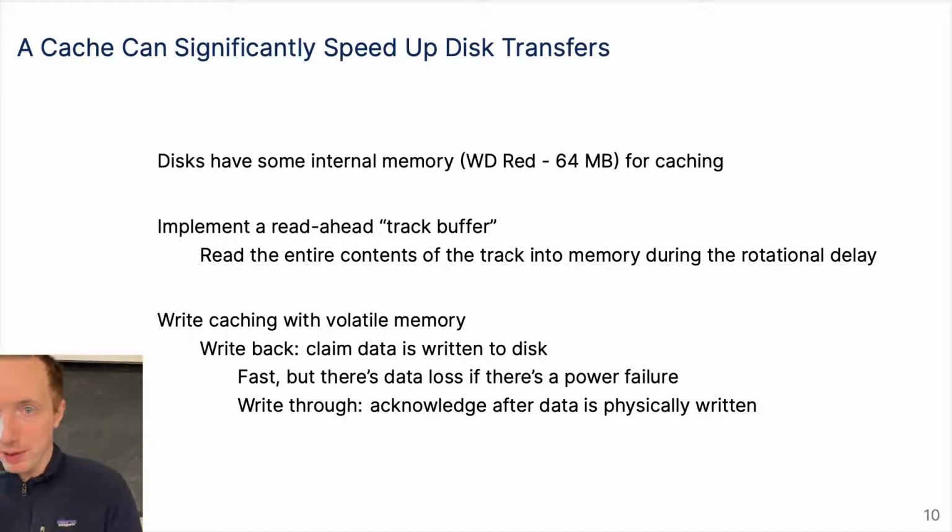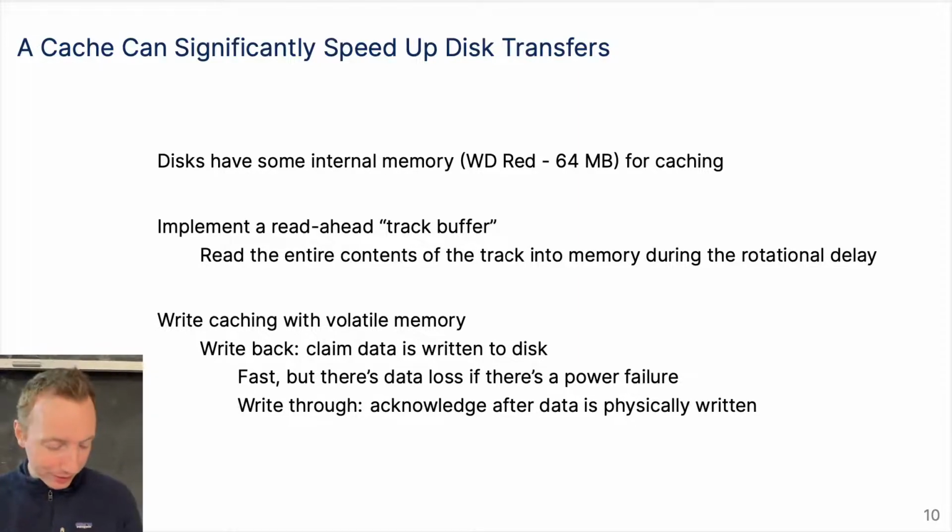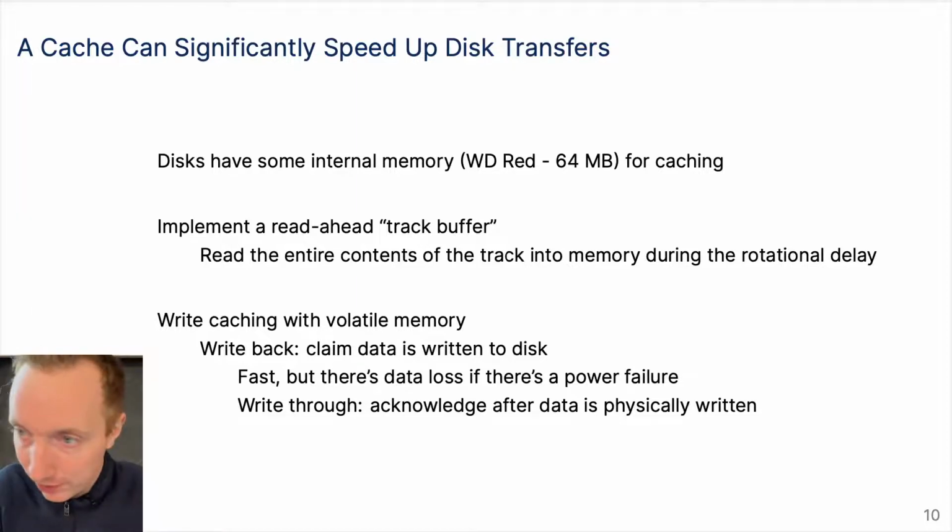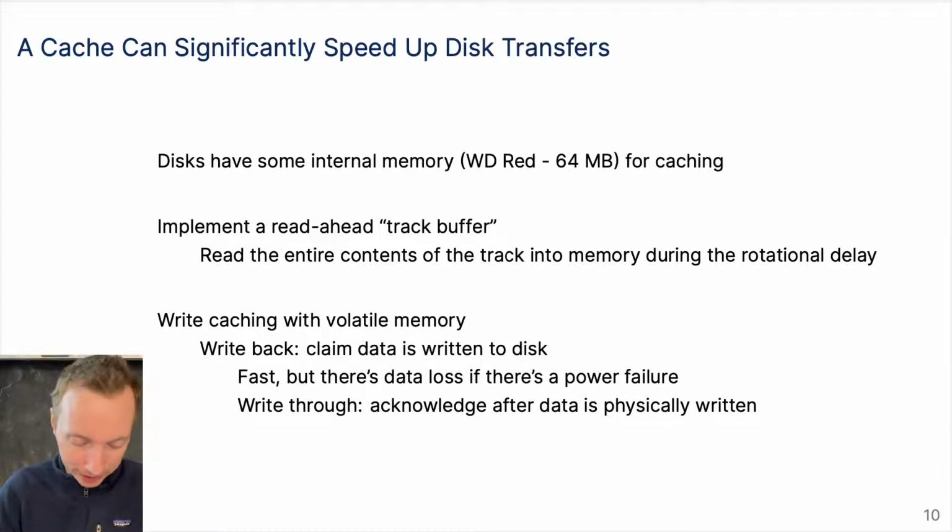And then this is where we get into our fun friend, a cache. We've talked about all sorts of caches, and you can also use caches for disks to significantly speed up their transfers. Some disks have some internal memory. For example, the Western Digital Red ones have like 64 megabytes of cache. What they can do is implement a read-ahead track buffer.